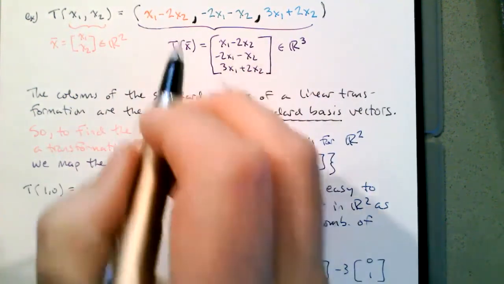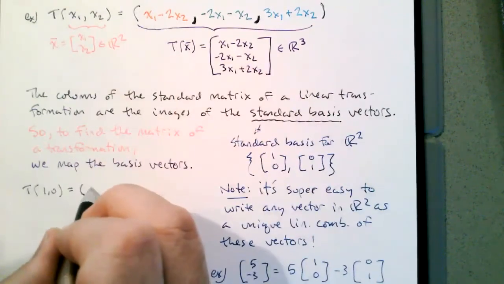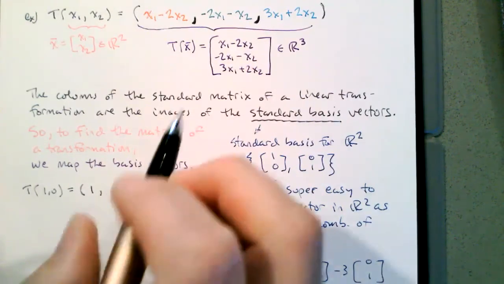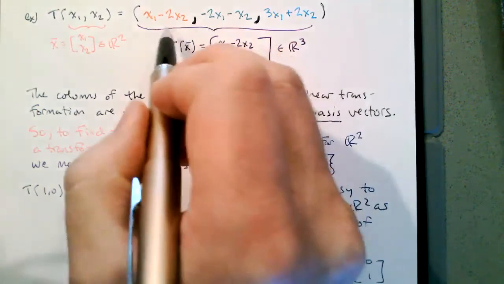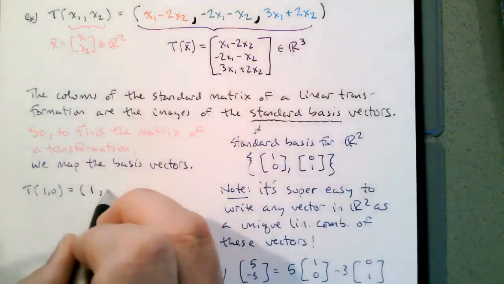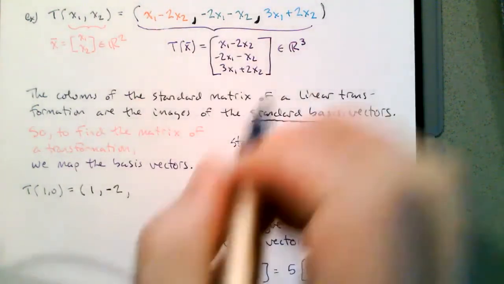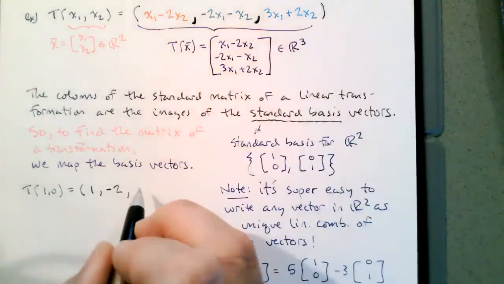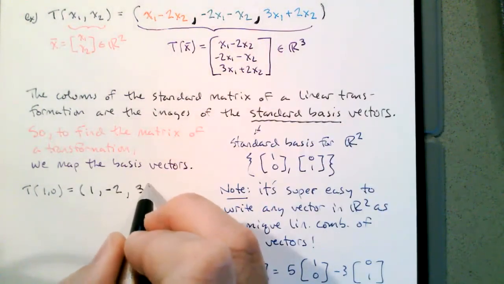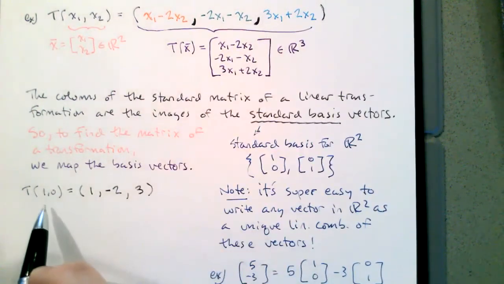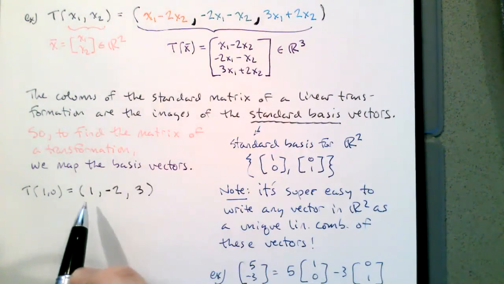So T of (1, 0) is going to be 1 minus 2 times 0, so it's just 1, then negative 2, and 3x1 plus 2x2 is 3. Now, this is the image of the first basis vector, and so this will be the first column of the matrix of the transformation.